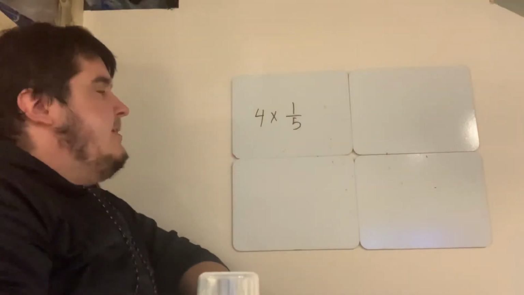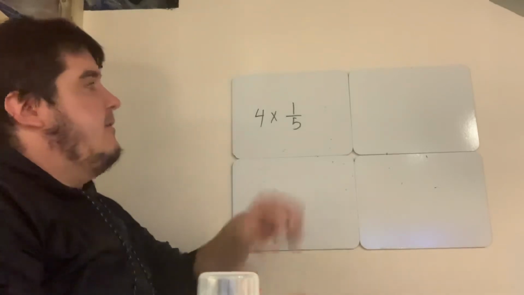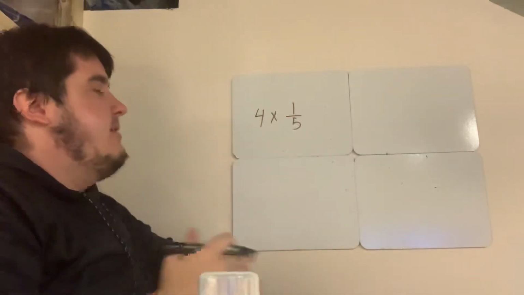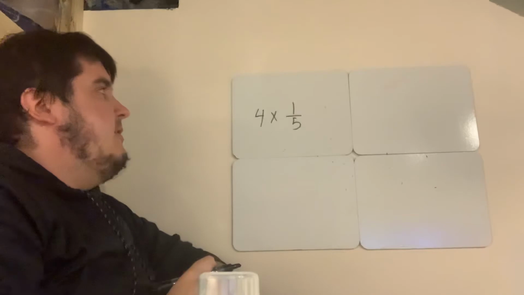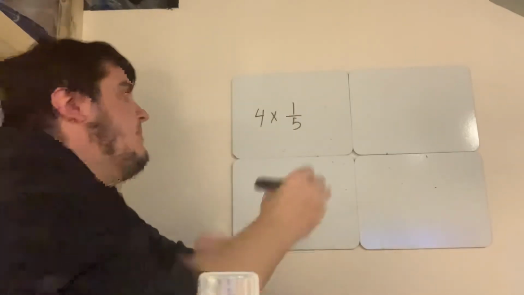So when we're doing that, we only need to times it by the numerator. We don't need to times it by the denominator there. So what we're going to do is times 4 times 1.